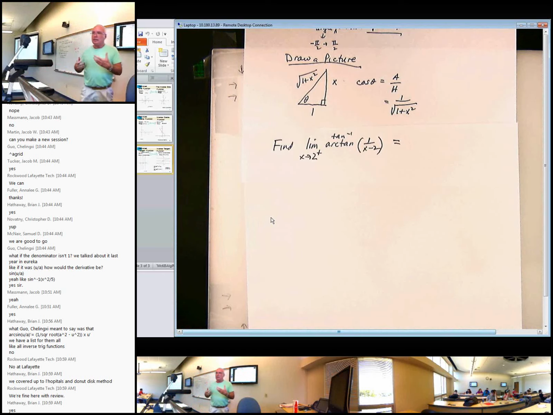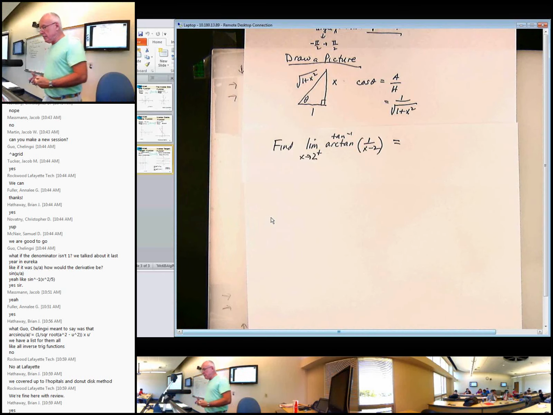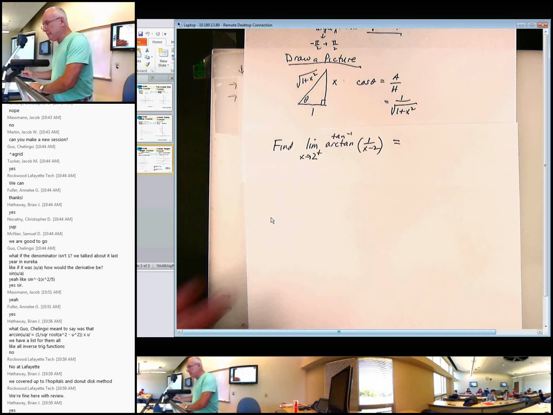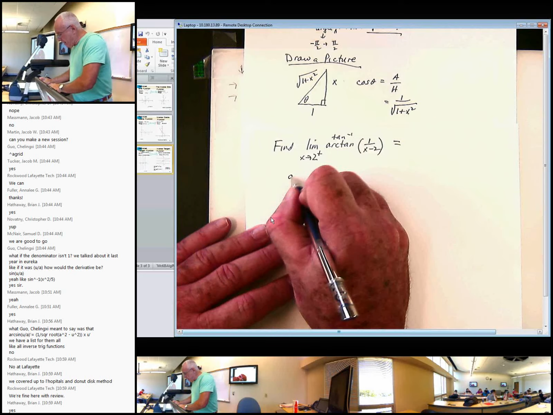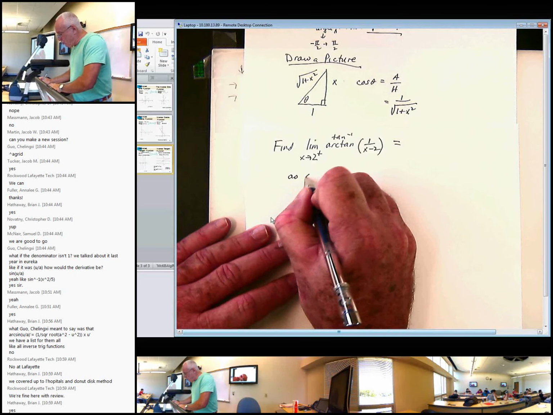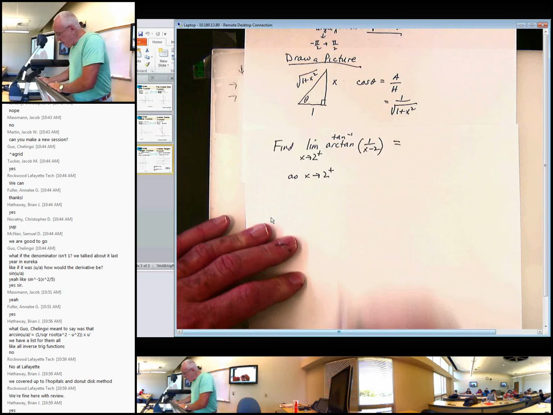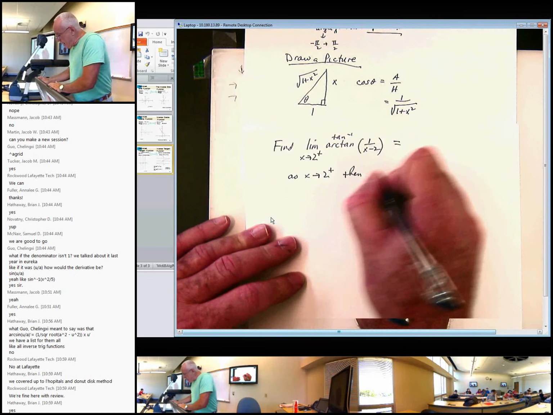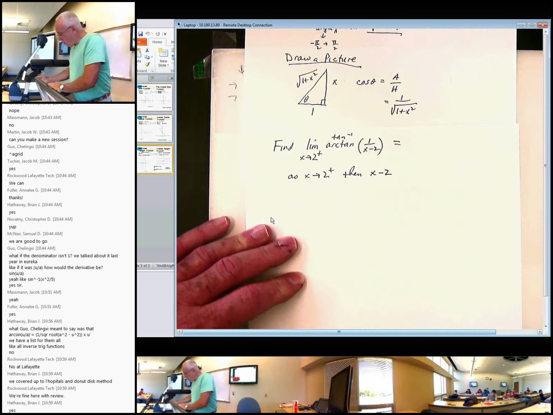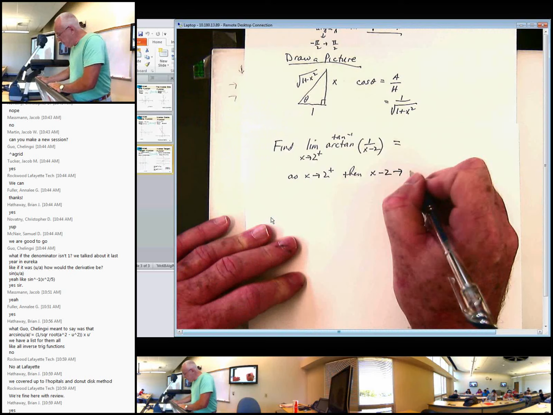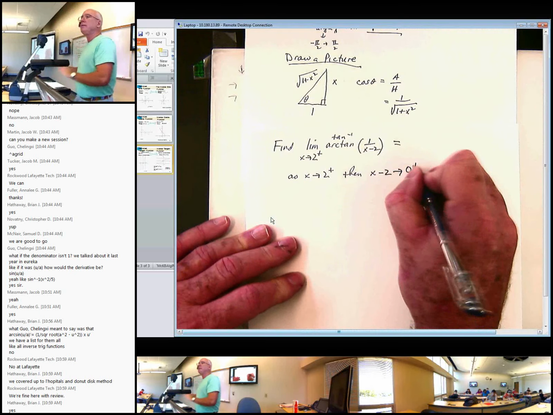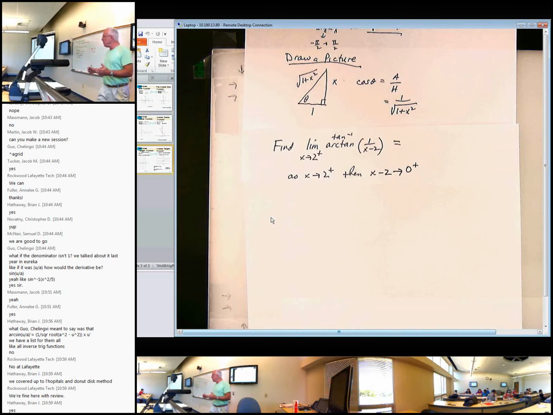All right, now we've done kind of similar limits like this before. Now let's examine this. As x approaches 2 from the positive side, then x minus 2 approaches 0 from the positive side. Everybody okay with that?